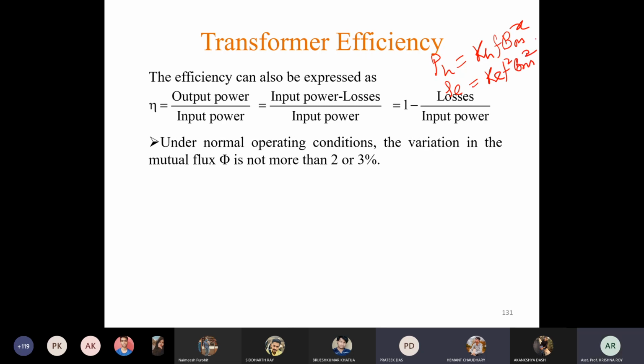Bm is phi m by A. So if phi m remains constant, that means Bm is constant, which means the core loss is constant. Since the flux does not vary more than 2 to 3% due to the variation of load, the core loss component in a transformer is constant. That is the significance of this statement. Is it clear?